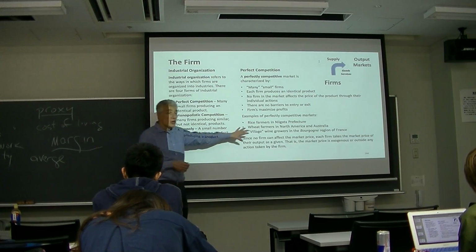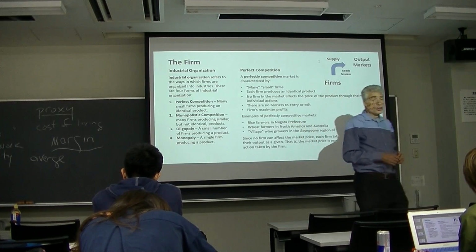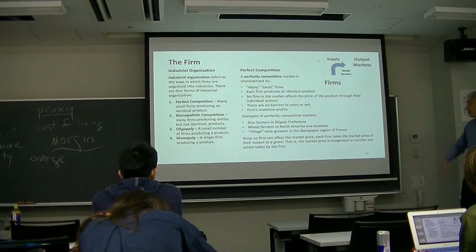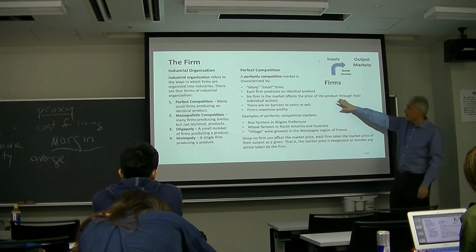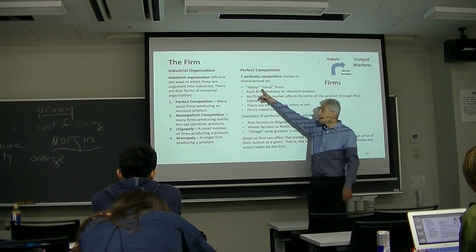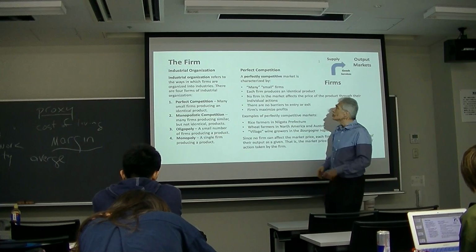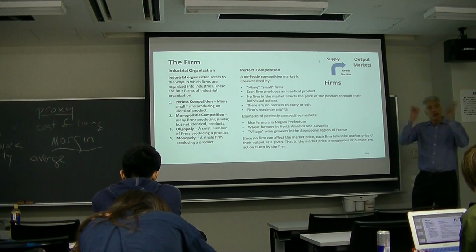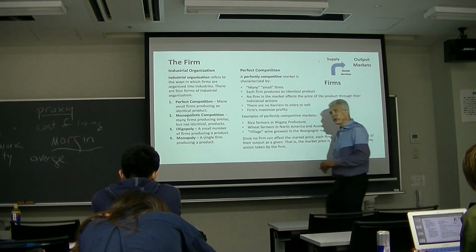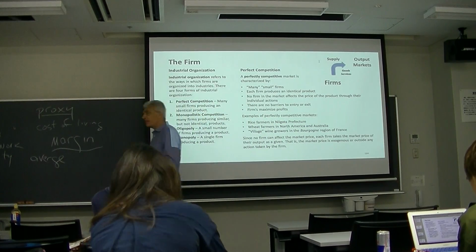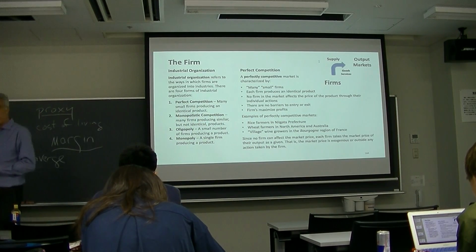We're going to focus for much of the rest of the semester, when we talk about the firm, on perfectly competitive firms. Many small firms. That's the first thing: it's a market where there are many small firms. Numerous, too many to count, so that any individual firm means nothing in the market. Let's just think about the ants.